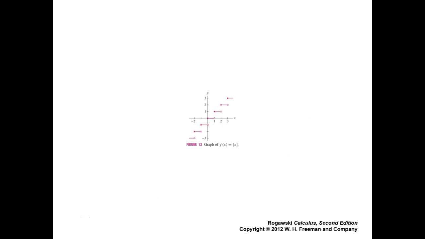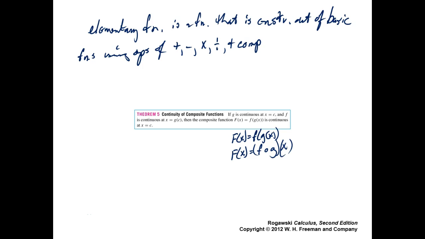So an elementary function is a function that is constructed out of the basic functions, polynomials, rationals, sines and cosines, root functions, and exponential and log functions, using the operations of addition, subtraction, multiplication, division, and composition.